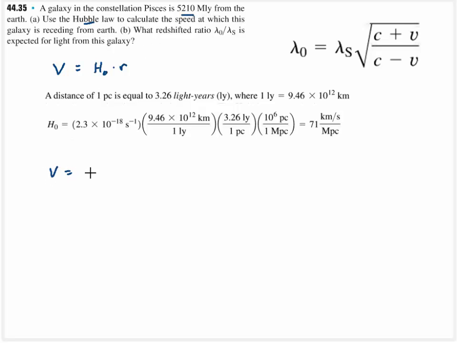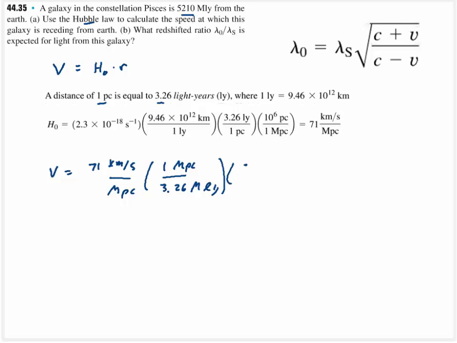We're going to say that the speed is going to be equal to Hubble's constant, which is going to be 71, and that's going to be kilometers per second per megaparsec. Keep in mind that 1 parsec is 3.26 light years, so we're essentially going to say that 1 megaparsec is going to be 3.26 mega light years.